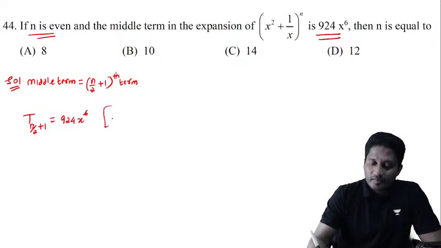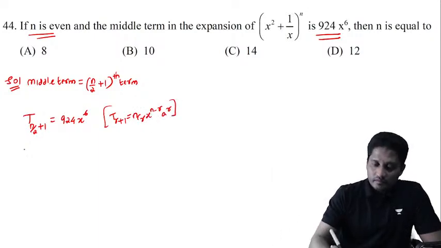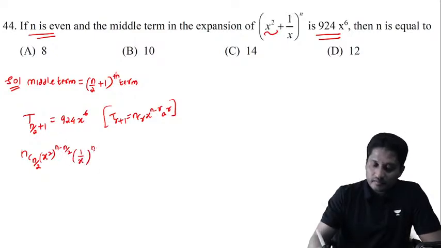Now T r plus 1 is equal to nCr x to the power of n minus r into a power r. N is n only. So this is nC r, r is n by 2, into x power n minus r. X is x square to the power of n minus r, into 1 by x whole power r, is equal to 924 x to the power of 6.